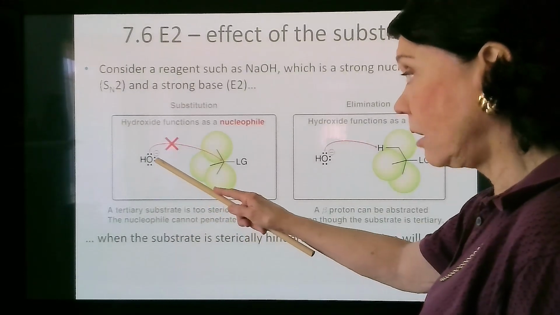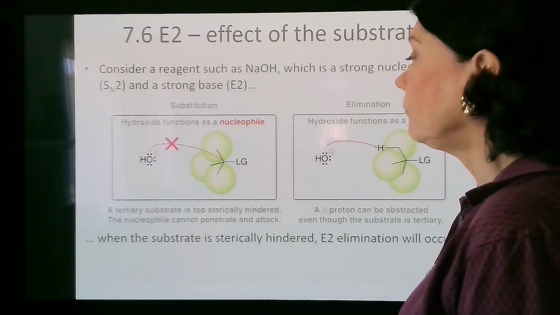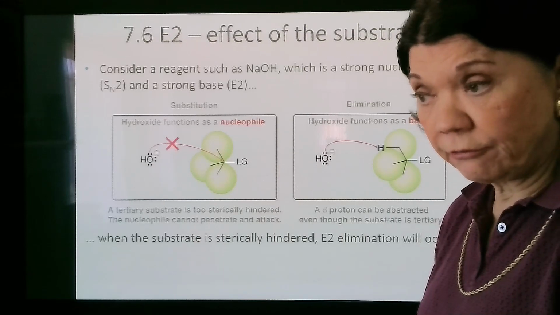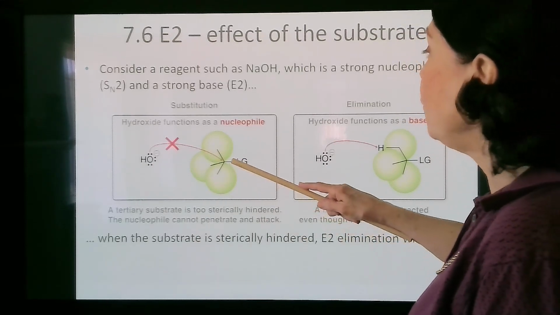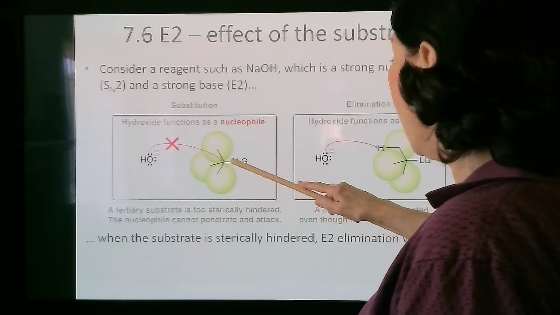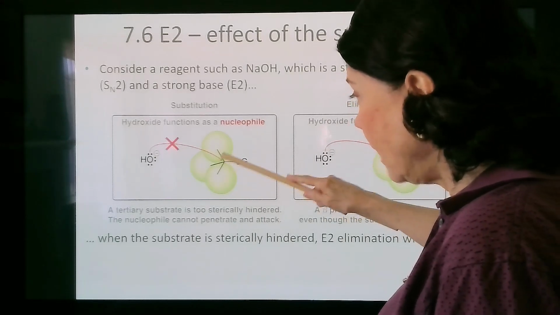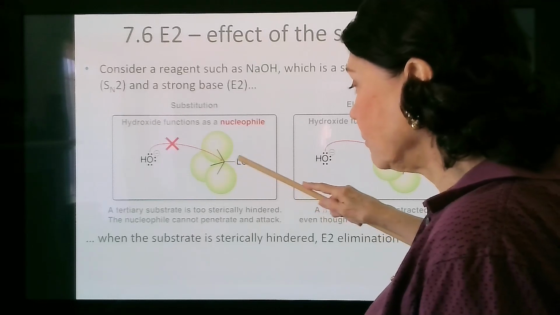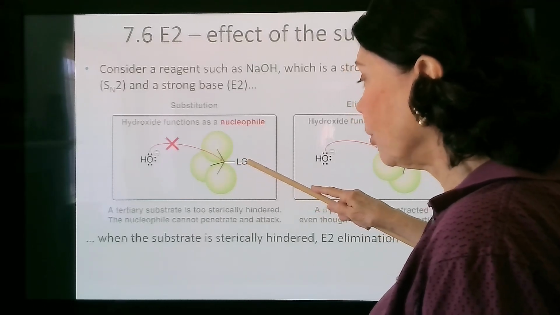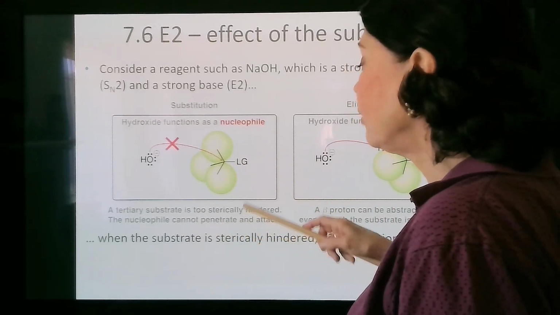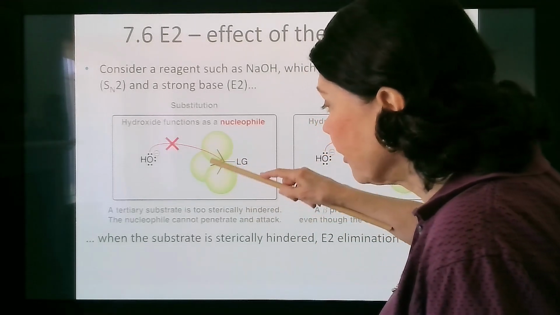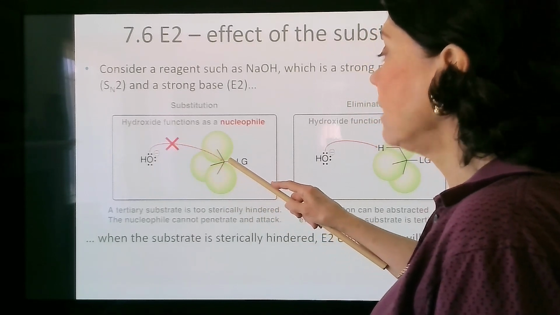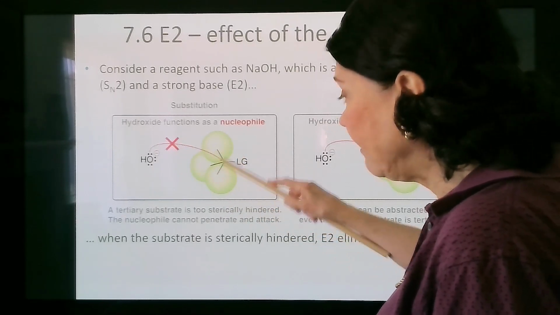So, an oxygen anion can function as a nucleophile, but if you have an alkyl group that bears a good leaving group, that's what Lg stands for, and this is a tertiary alkyl halide, hydroxide will not function as a nucleophile in this case.